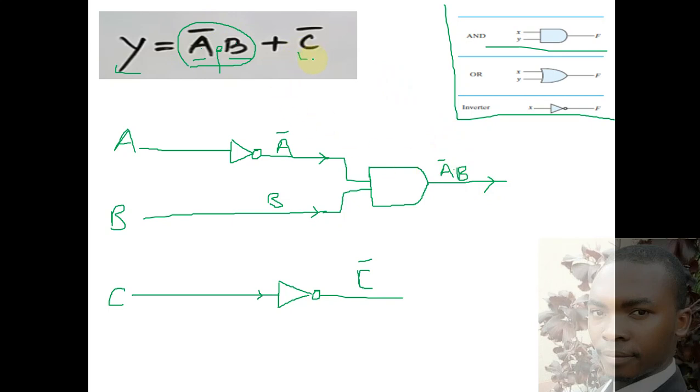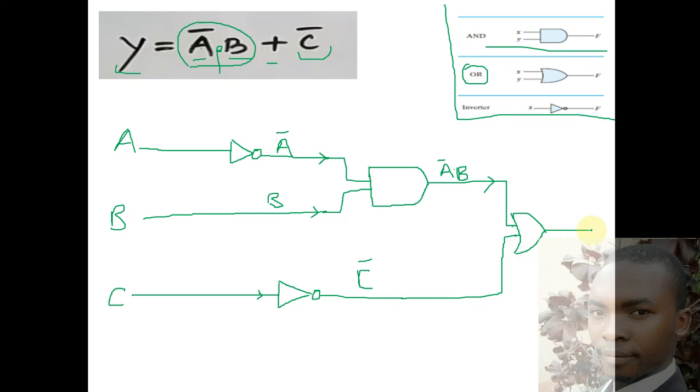So this is a plus, which is the OR gate, which is here. So I'm going to pass this through something like an OR gate, which is like this, like that.